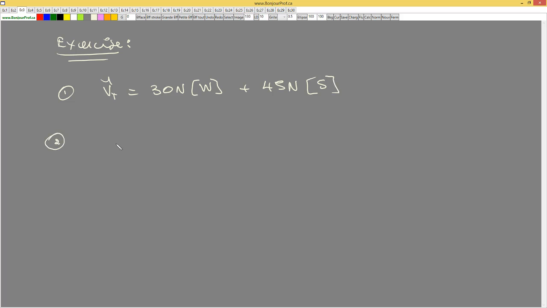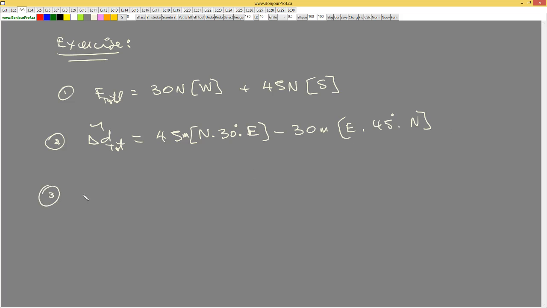This is newtons, not north. Second, we are looking for the force total. It's not a V but a force, because newtons are force. Third, total displacement equals 45 meters north, 30 degrees west, plus 30 meters east, 45 north.